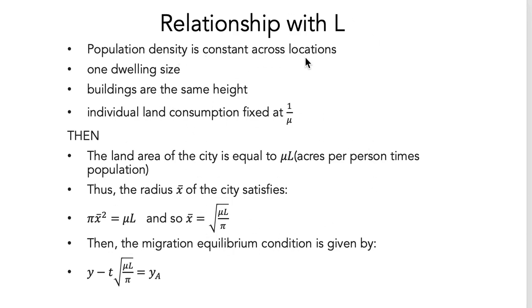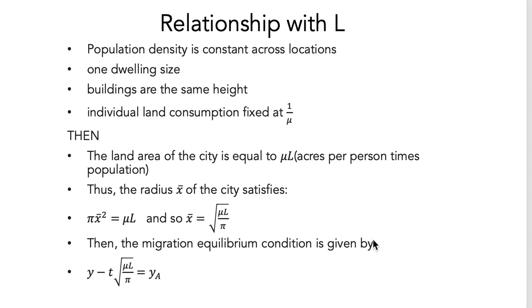Population density will be constant across locations within the city. There will be one dwelling size and buildings will be the same height. Now, individual land consumption can be just a number. Let's call this number 1 divided by mu. Then the land area of the city will be mu acres per person times the population.